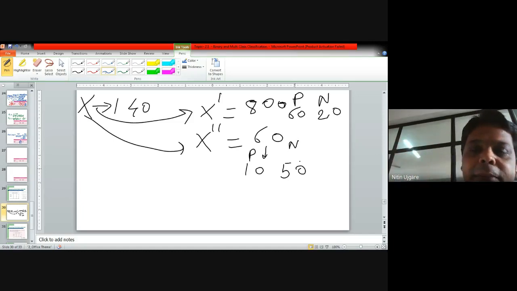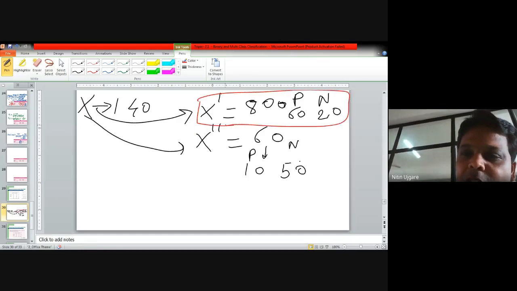For example, in the first split data set, the majority of instances out of this 80 belong to the positive class. 60 instances belong to the positive class, and only 20 instances are negative.